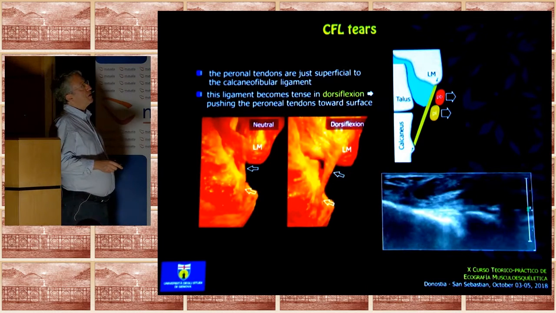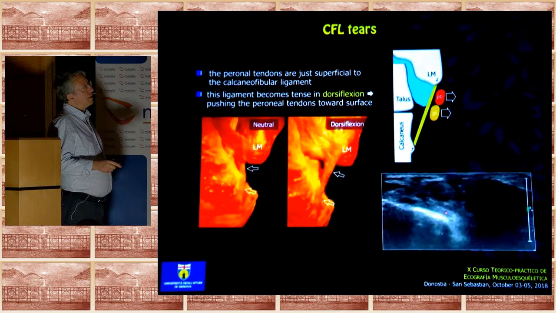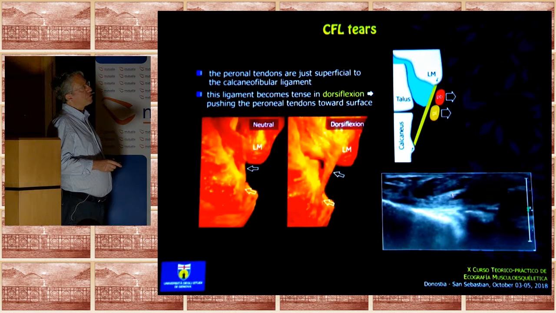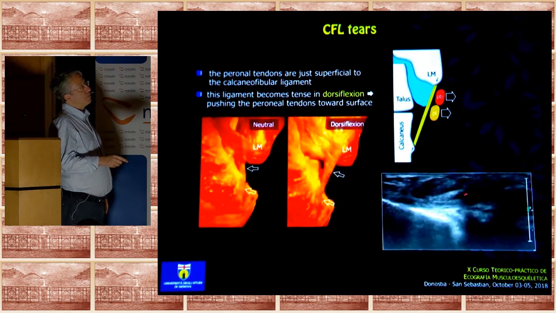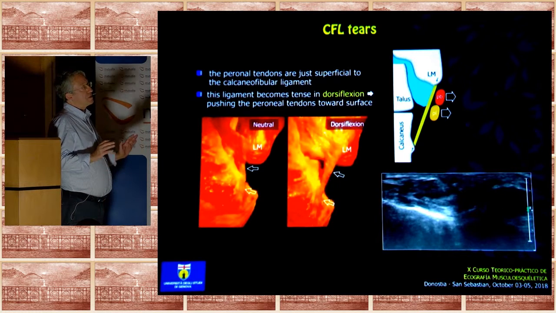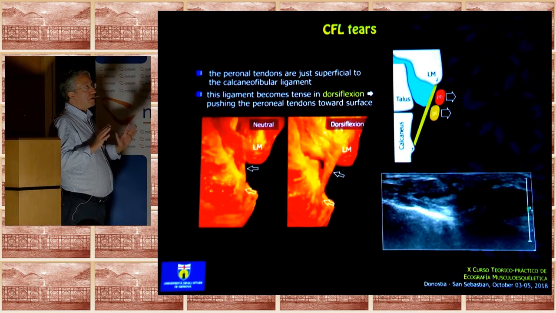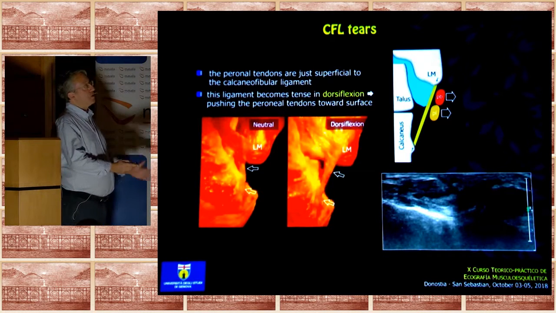This is a video clip showing the calcaneofibular ligament in neutral and then in dorsiflexion. You see the ligament becomes tense, it elevates from the bony surface, and it pushes the peroneals more superficially. So this is the proof that the ligament is healthy or not discontinuous.